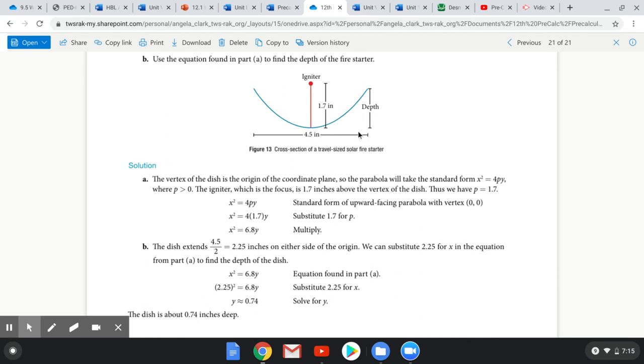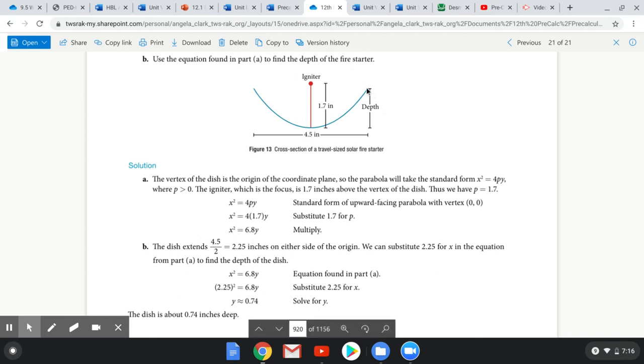However, we do know that this whole distance is 4.5. So if this is the origin and this whole distance is 4.5, then this distance is going to be half that. 4.5 divided by 2 is 2.25.